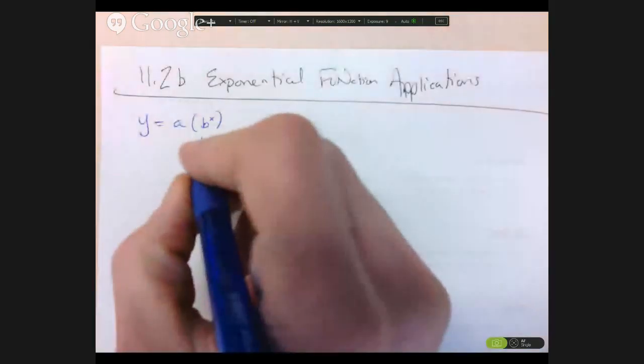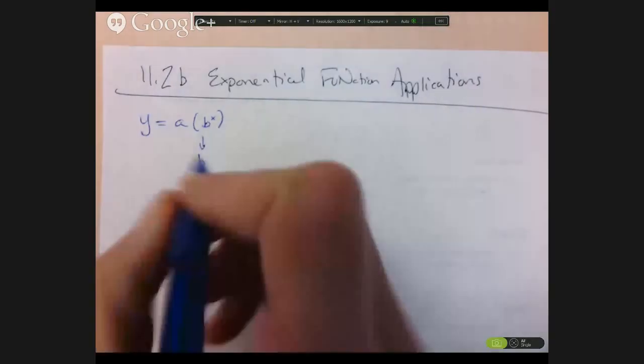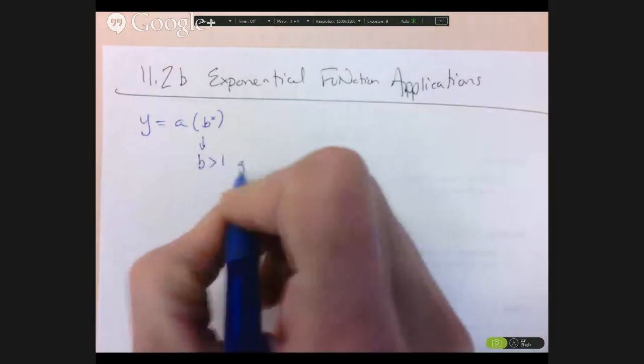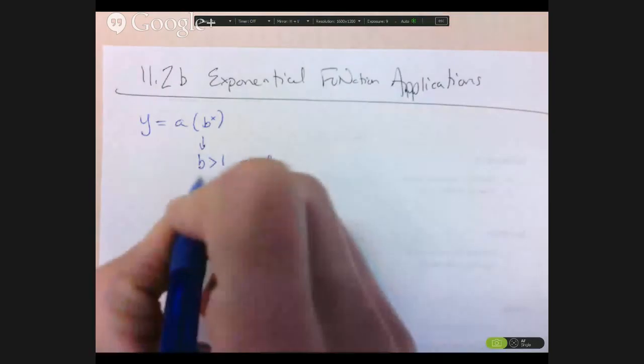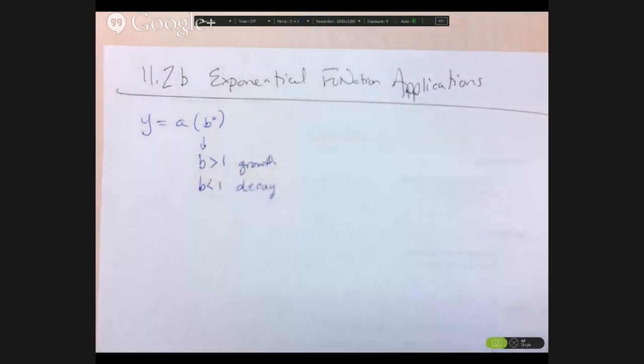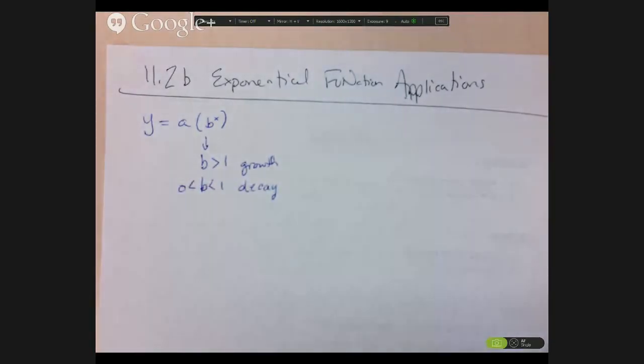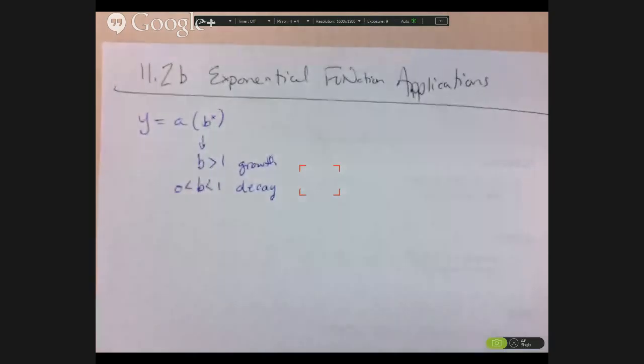It's greater than 1. And b between 0 and 1 is decay. We're not worried about negatives right now. It kind of screws with things. Okay.